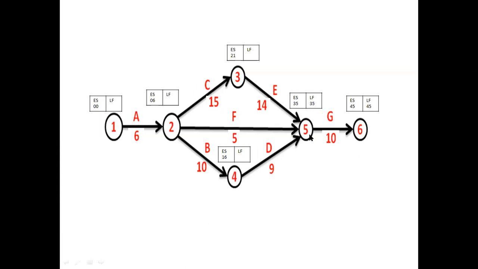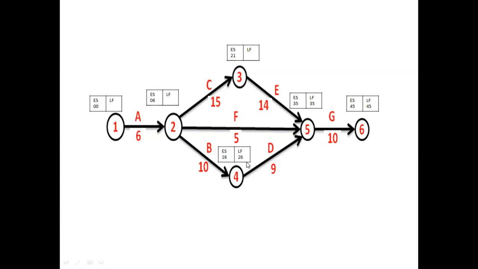For end event 5, which is the end event for 3 to 5, 2 to 5 and 4 to 5, the latest finish time is 35, that is 45 minus 10 is 35. And for this event 4, it is 35 minus 9, which makes it 26. 26 is the latest finish time for activity B or activity 2 to 4.